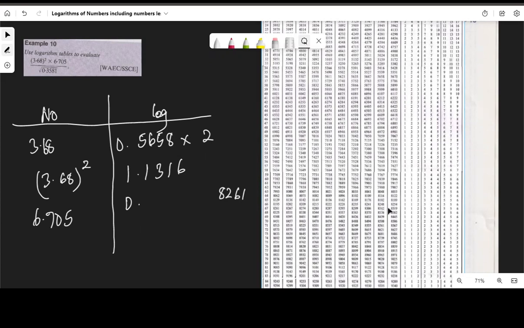We trace it down. Difference of 5 is 3. That will be 8264.